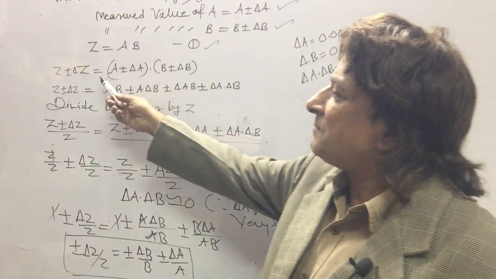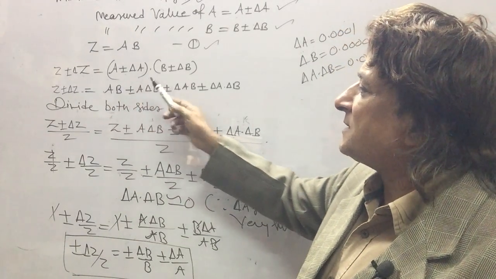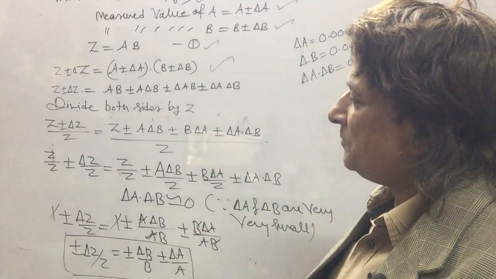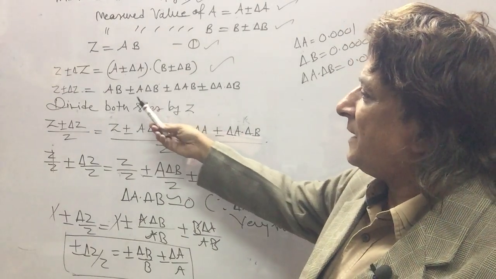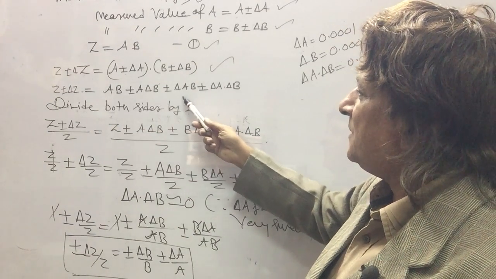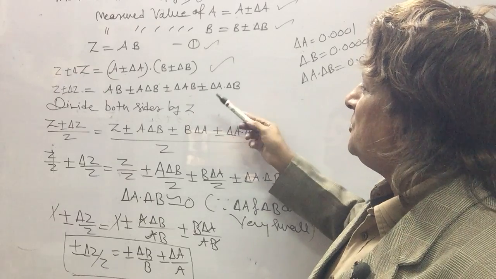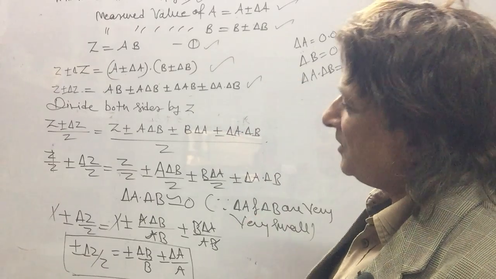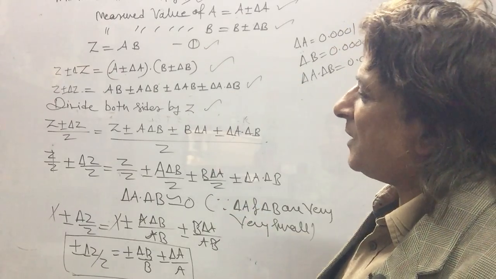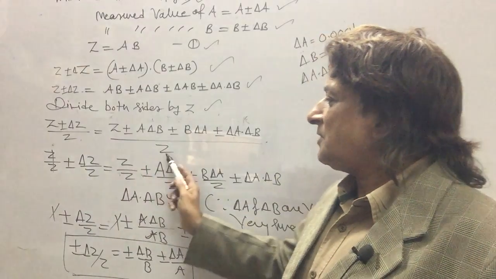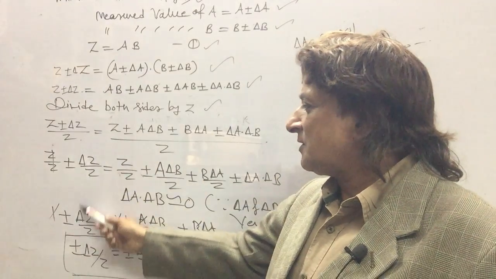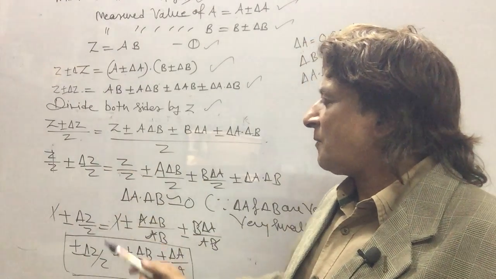Then Z plus minus delta Z equals (A plus minus delta A)(B plus minus delta B). Now we multiply: AB plus minus A delta B plus minus B delta A plus minus delta A delta B. Dividing both sides by Z, here is Z, here is Z. Z gets cancelled.